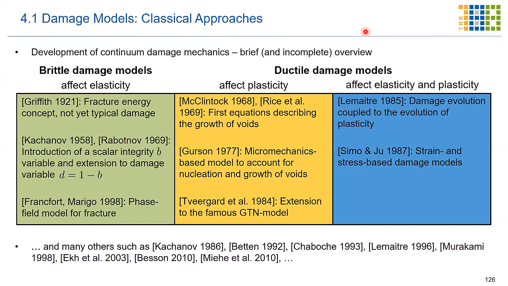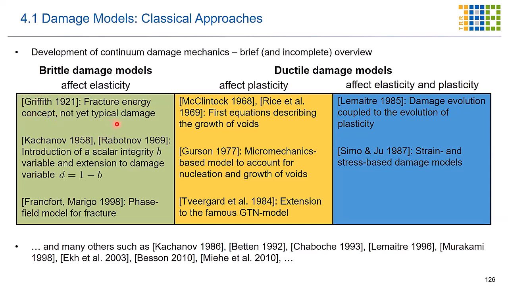Brittle damage models, for example, used for glass, affect mainly elasticity and are usually associated with elastic energy. You find that one of the first concepts is that of fracture energy, developed by Griffith as one of the first.